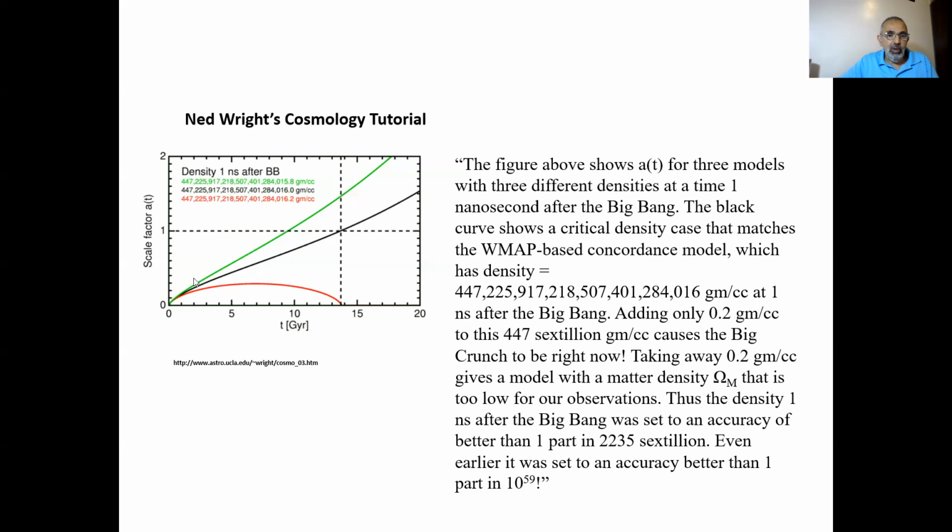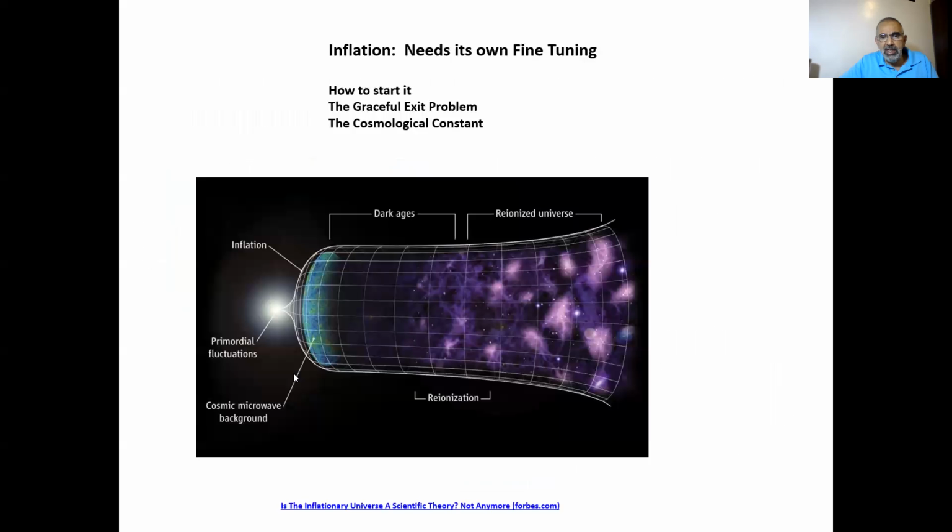And so if we want to look at just purely physical mechanisms, well, the theory of inflation has been posited as a way for space to be essentially flat, to be at that critical density where life is possible.